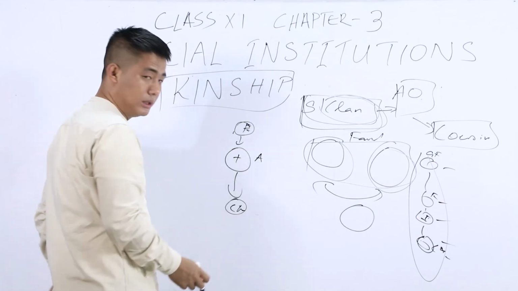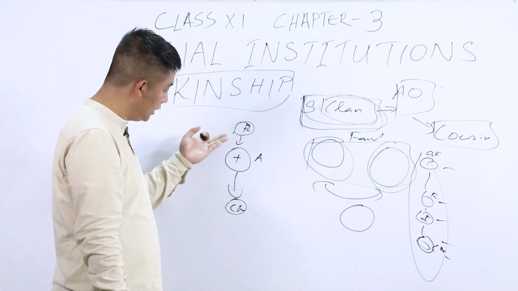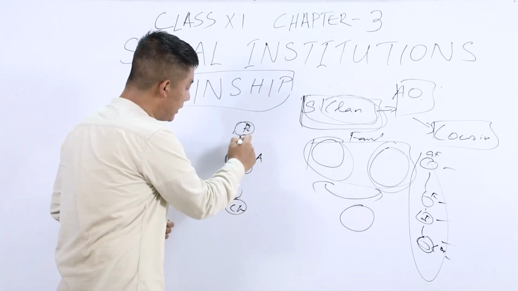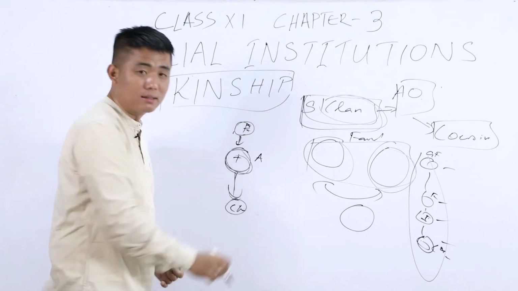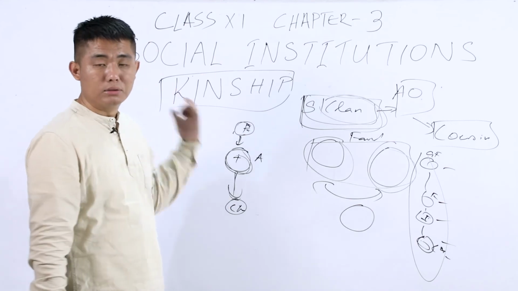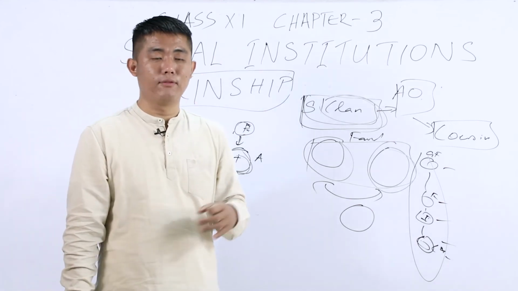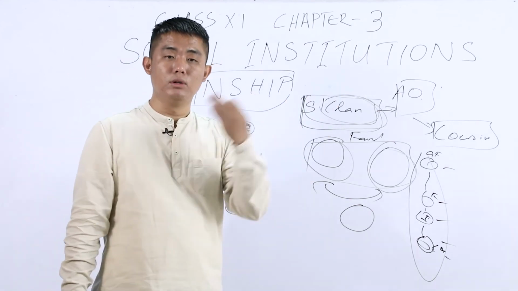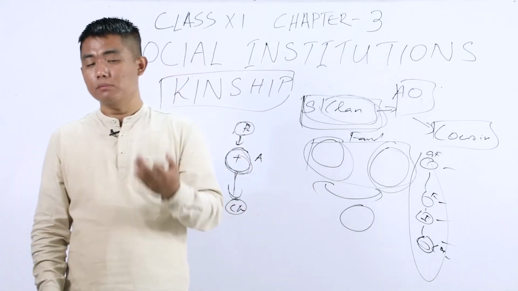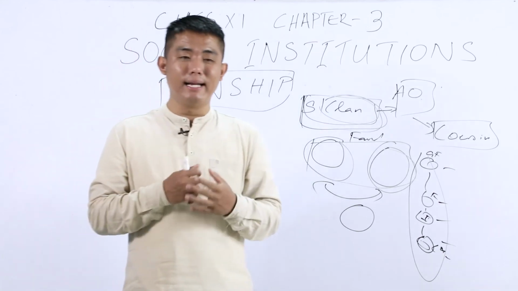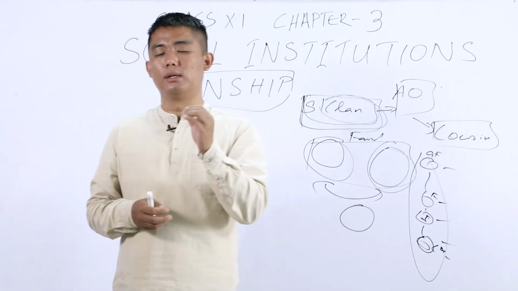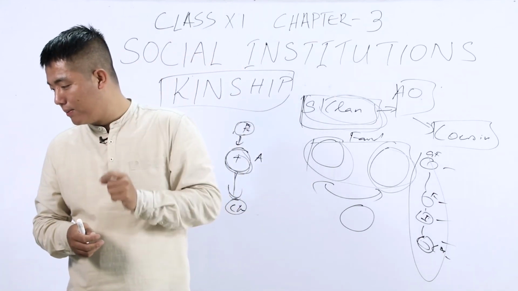So the father and Mr. A are directly related, and Mr. A is also directly related to his children. This kind of direct relationship, for example, your father, your sister, your brother, those relationships that are directly related to you, is called primary kin.